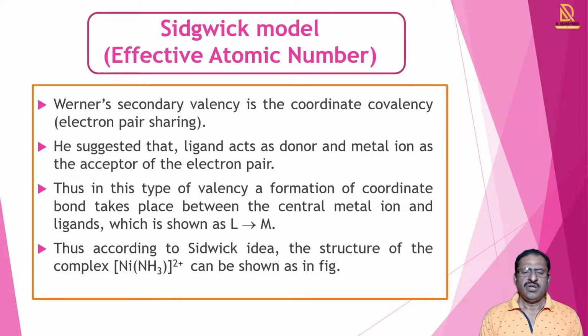In this type of valency, a coordination bond forms between the central metal ion and ligand, and the bond is transferred from ligand to metal, so it is called a ligand to metal bond. We show this ligand to metal bond by a pointed arrow from ligand to metal.